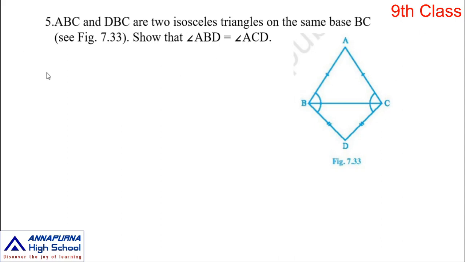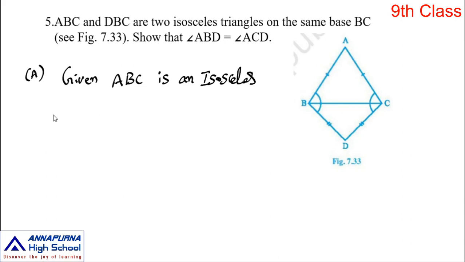Start the solution. Given: ABC is an isosceles triangle in which AC is equal to AB.